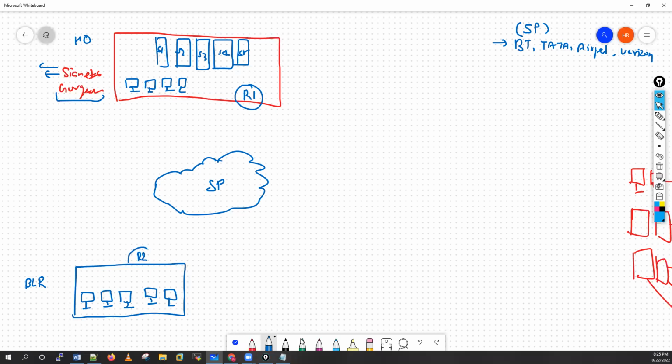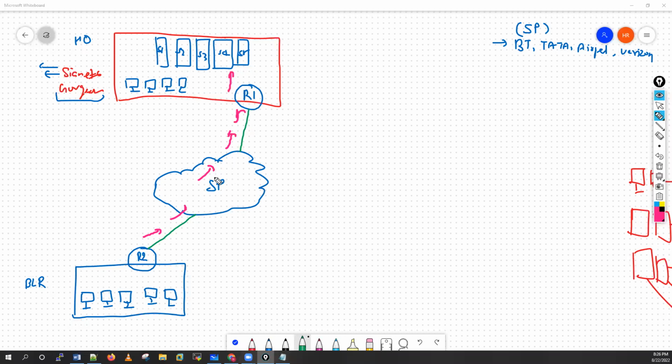Now they will ask you to connect your router with their network, and connect this router with their network, and you will get the connectivity between your head office and your branch office. After that, these users can access the servers which are in the head office through this particular network. Now guys, what is your WAN?